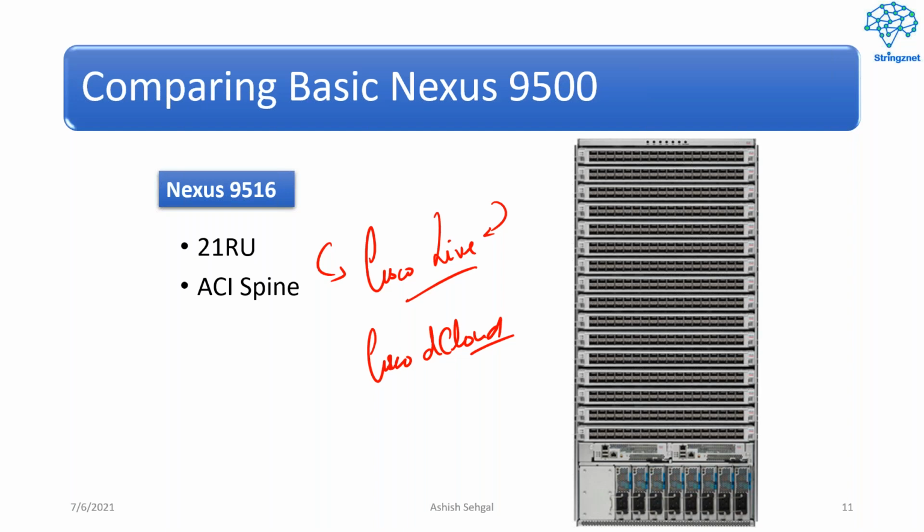So they require a lot of ports. Don't worry, in this particular journey of ours, we will be discussing all those things. We will be talking about multi-pod, multi-site, how they are connected, their ports, and so many things. And when it comes to your practical journey, you will learn so many more things.